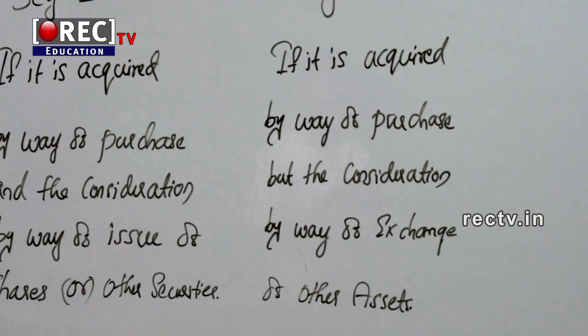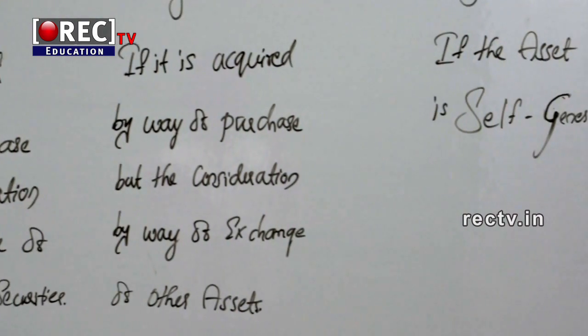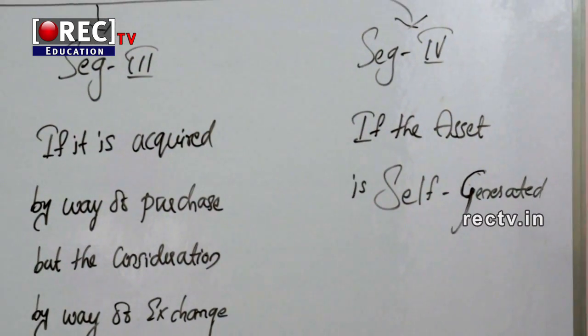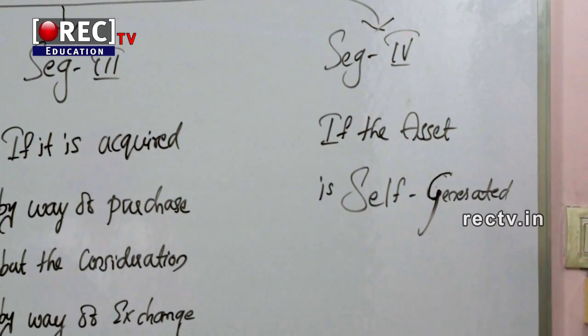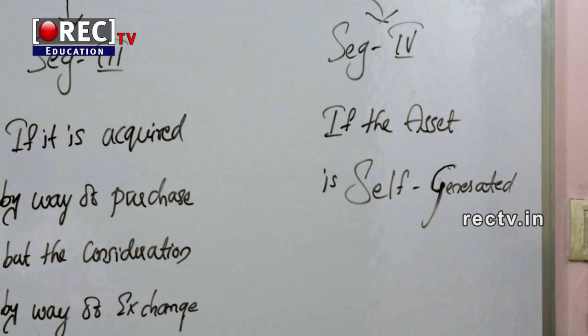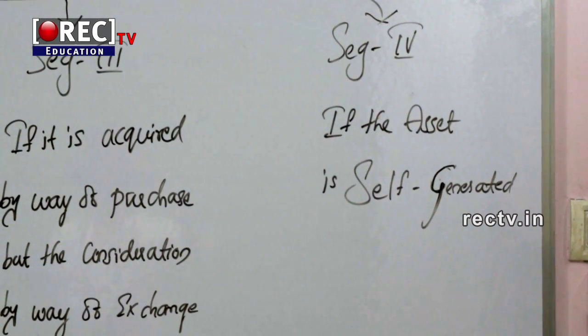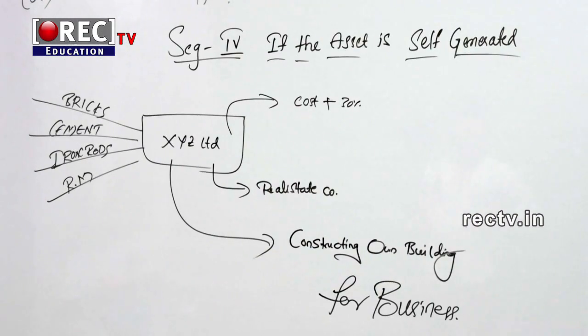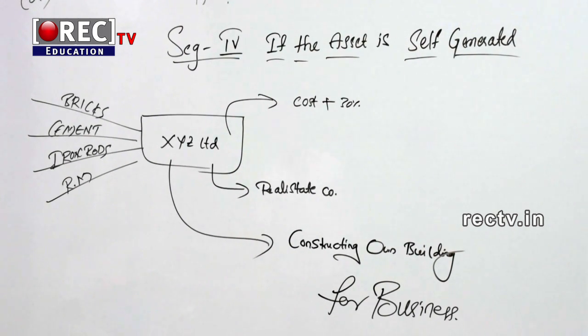And the last, that is segment 4, if the asset is self-generated. Let us see one example for the fourth segment. XYZ Limited is a real estate company.